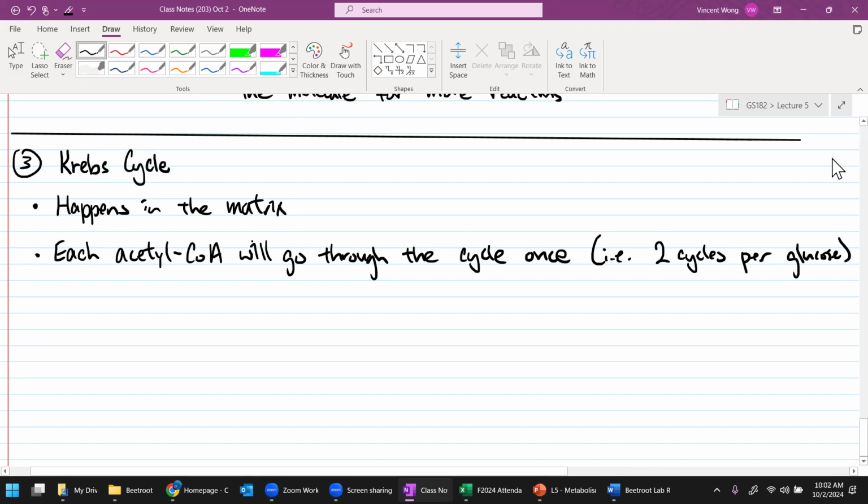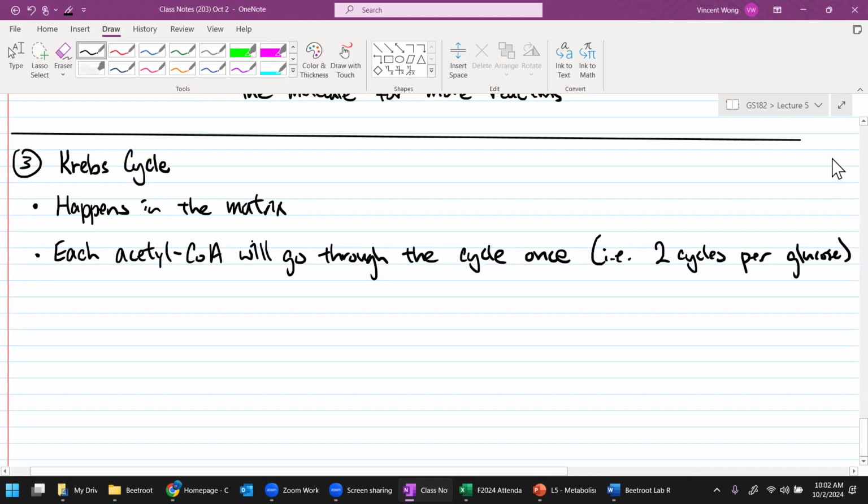So you will continue the reaction in the matrix. You're already in the matrix, by the way. So we're just gonna continue it over there. And each acetyl-CoA will go through the cycle once. Meaning, that's what IE means, by the way.